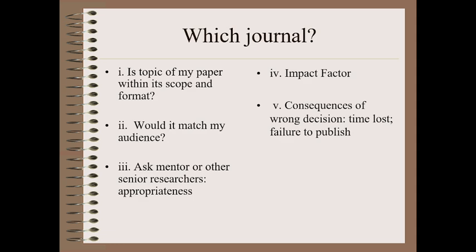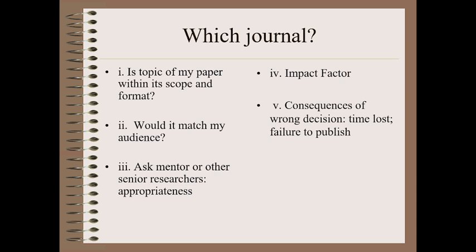If you choose the wrong journal and submit your research paper there, then what happens? After 6 months the journal rejects your paper, and again you have to submit to another journal. So that 6 month time period is just wasted.